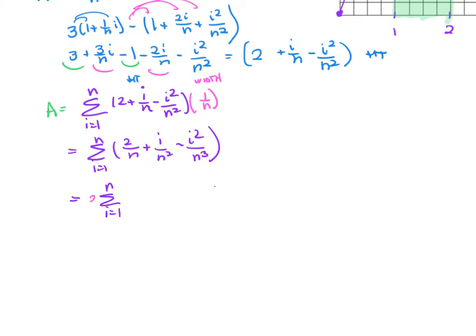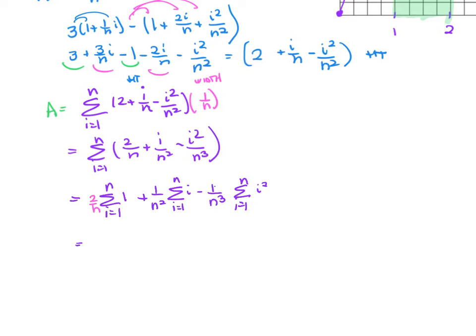Because that's all constant. So 2 over n, and then it's just multiplied to 1. And then plus, we'll pull out the 1 over n squared to the front, and then multiply that to the sum of 1 to n of i. And then let's factor out the 1 over n cubed, the sum of i equals 1 to n of i squared.